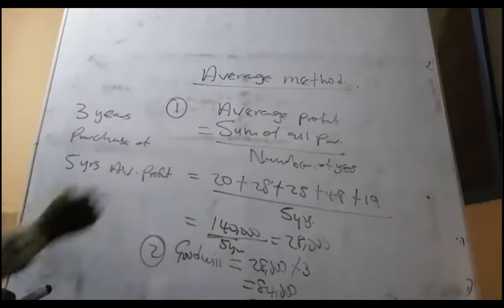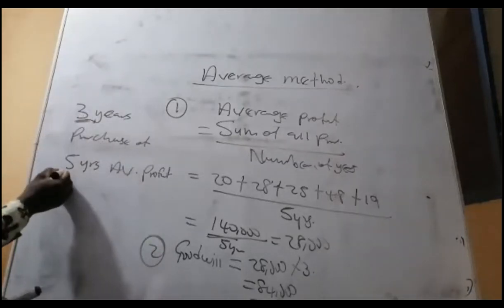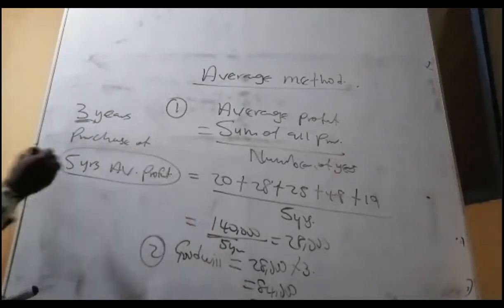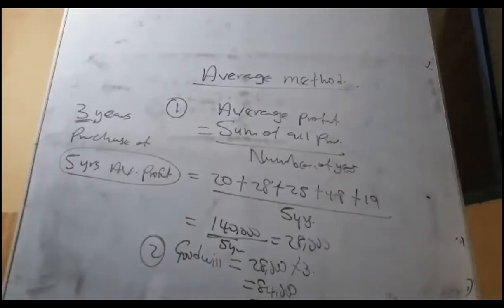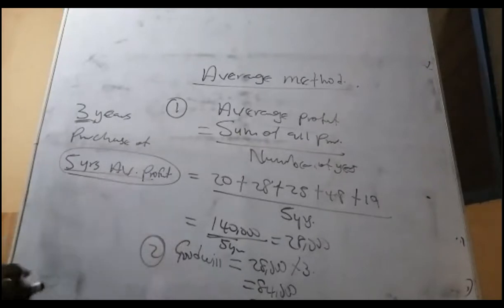So the bottom line is goodwill is equal to 3 by 5 years average profit. That is it. So basically, first thing you have to do is get a 5 years average profit.